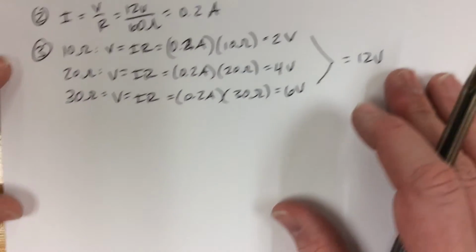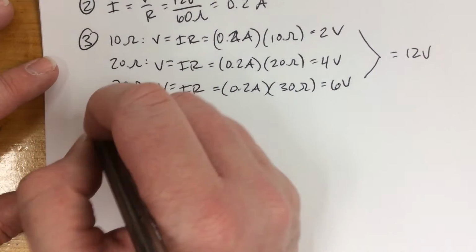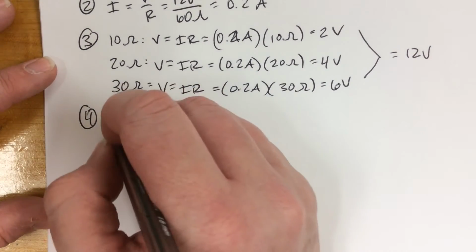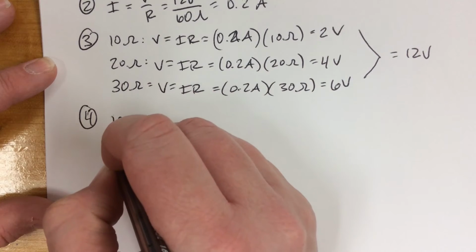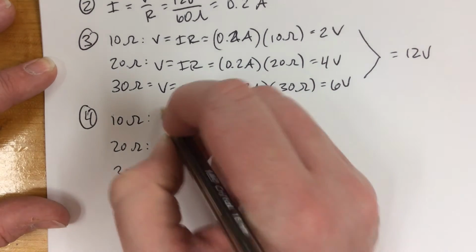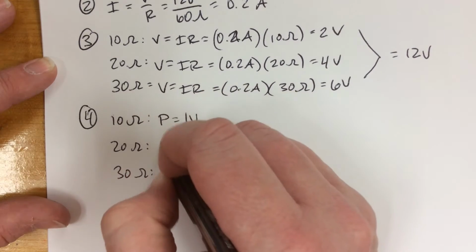The last thing that we would do, and sometimes you need to, sometimes you don't, if it's asking about power, would be to calculate the power. Again, we'll do that for the 10 ohm resistor, the 20 ohm resistor, and the 30 ohm resistor. And in each case, P equals IV.